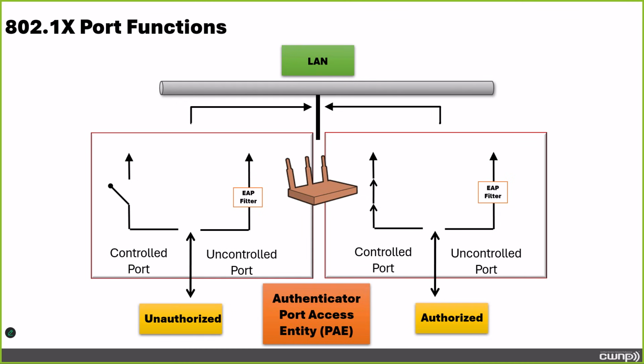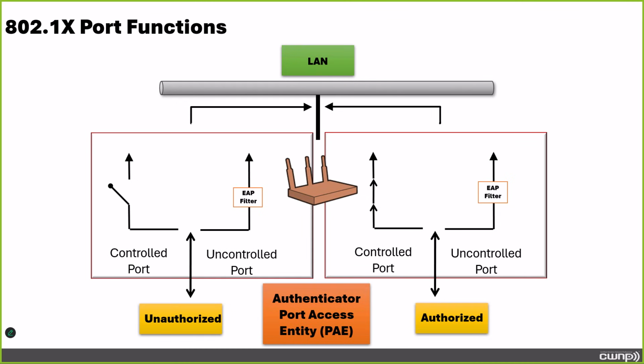But the only communications it will allow are authentication communications. Okay? So it's not allowing regular data communications, just authentication. In this case, EAP communications, right? So the uncontrolled port allows access, but only for authentication. The controlled port does not allow access by default. And that's the starting point on the left side here, unauthorized.